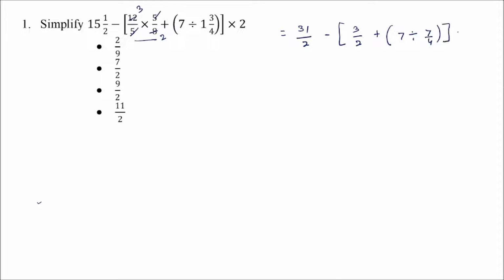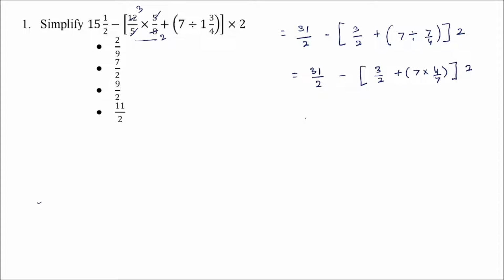And this bracket is multiplied by 2. So it is 31 upon 2 minus 3 upon 2 plus 7 into. So if we change the division sign and write multiplication, then we have to take its inverse, 4 upon 7, into 2.